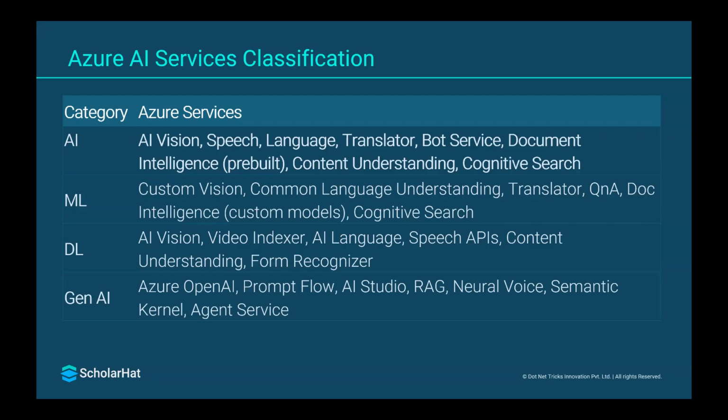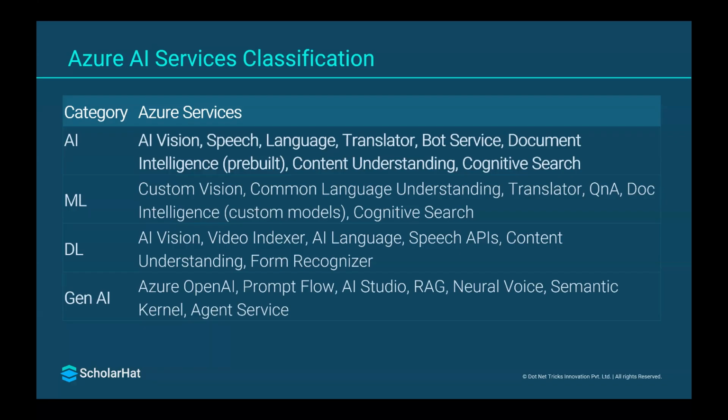All these Azure AI services come under the category of AI. Machine learning is all about creating your own custom model. So Custom Vision, Conversational Language Understanding, Translator, Q&A, Document Intelligence using a custom model, and Cognitive Search again come under the machine learning category.